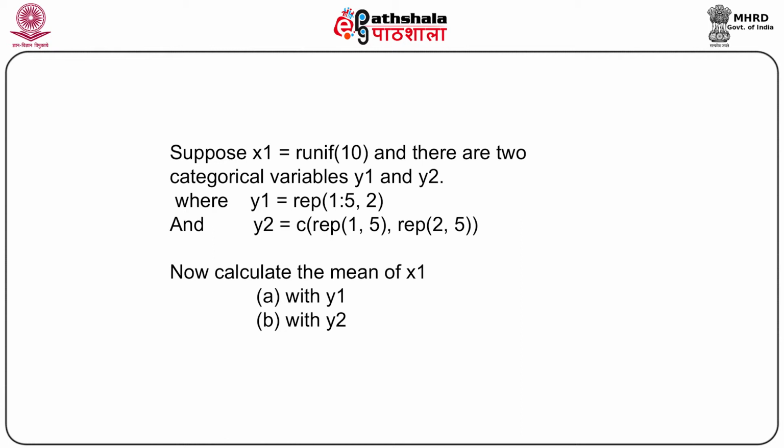Here we need to calculate the mean of x1 with y1 and y2 separately. So here what we do is we write x1 is equal to runif(10). We write y1 is equal to rep(1:5, 2), and similarly we assign the values in y2 in this way.